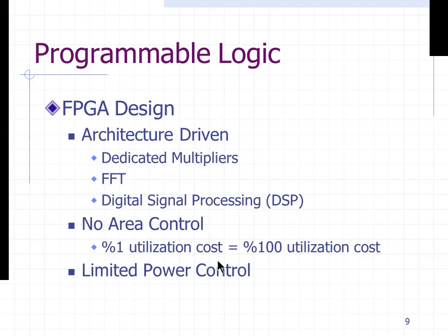The other reason that FPGA could be chosen over ASIC design is architecture driven. So if you have to develop an FFT, a fast Fourier transform, for a digital signal processing application, depending on the kind of application you're developing, you might need arithmetic operations on the FPGA like FFTs and multiplications. We call them MAC units, multiplication and addition units, which are again used for developing Fourier transforms, cosine transforms, or other parts of signal processing.